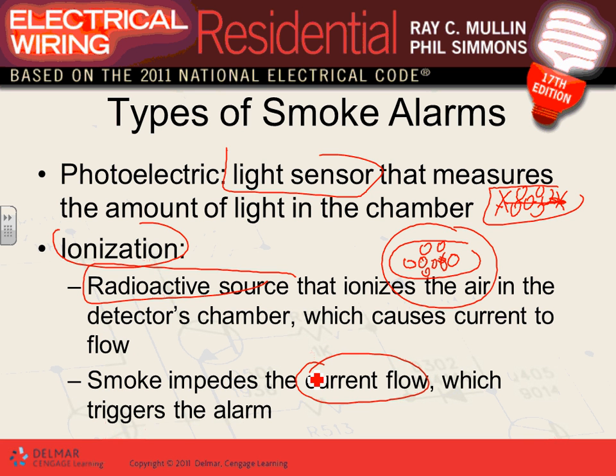When the current stops, the electronics that make up the brain of this smoke detector sense the lack of current, and that will initiate an alarm condition and send the signal to go off. Any comment, any question about these two technologies, photoelectric and ionization? You're going to hear people talking about it a lot here.